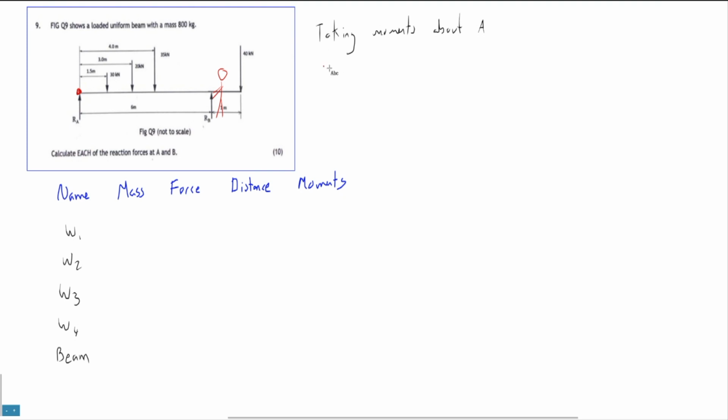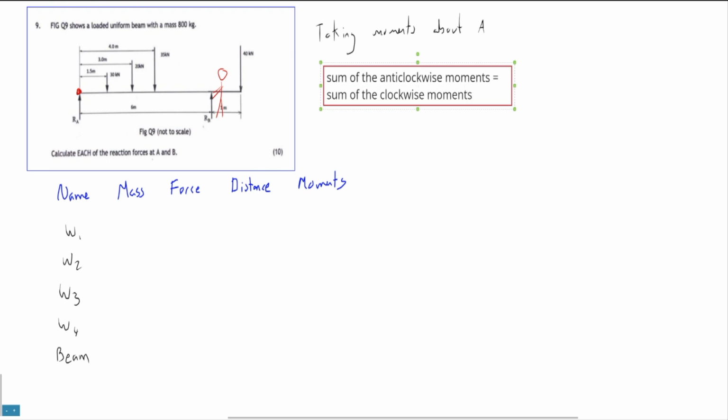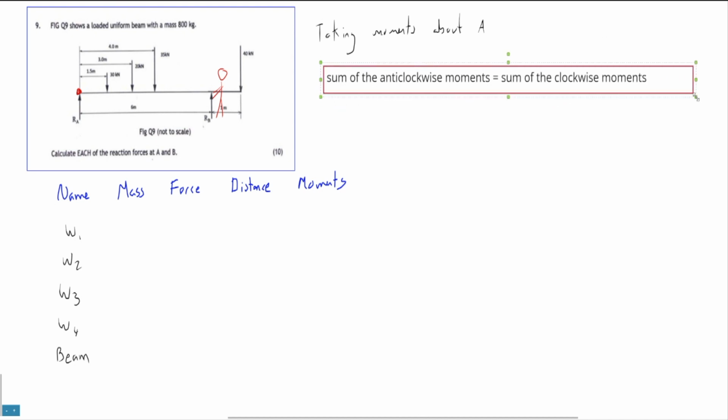We need a few more bits of information, a few more explanations about what we're doing. Let's also say that the sum of the anti-clockwise moments must be equal to the sum of the clockwise moments. This is our rationale for the calculations we're doing, and we need to explain it to get the points in the exam.